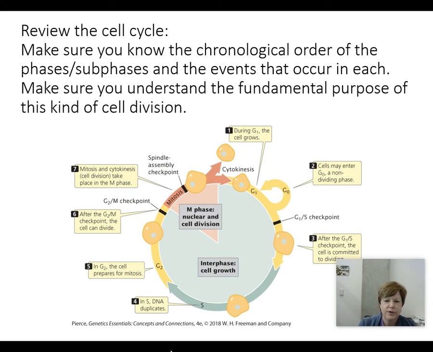The fundamental purpose of all of this kind of cell division is to make more cells of the same type. So it's a cloning process for cells. In an embryo, the cells are undergoing very rapid cell divisions through the cell cycle, and that can cause growth for the embryo, just more cells of the same type, the same genetic types.